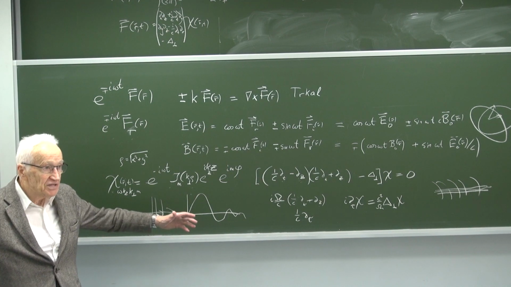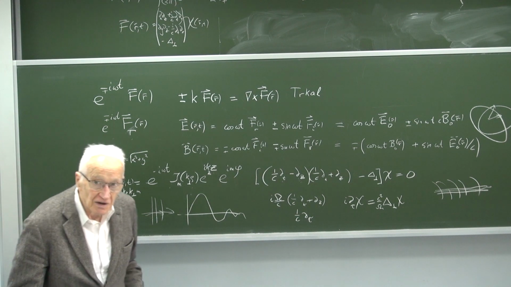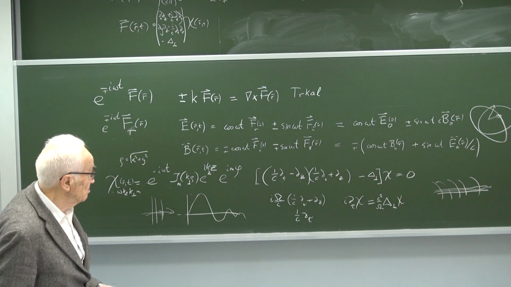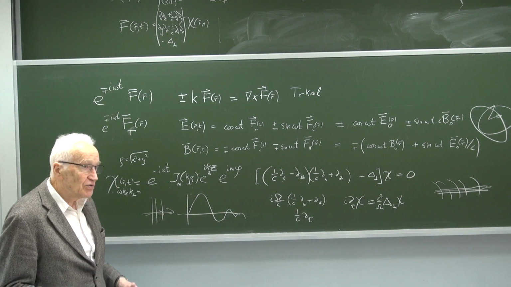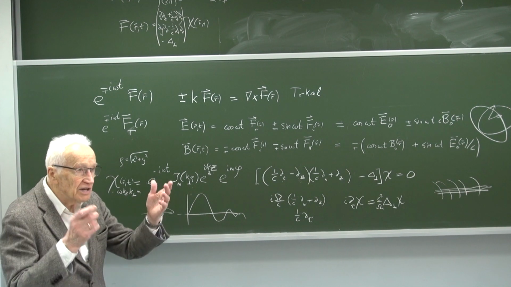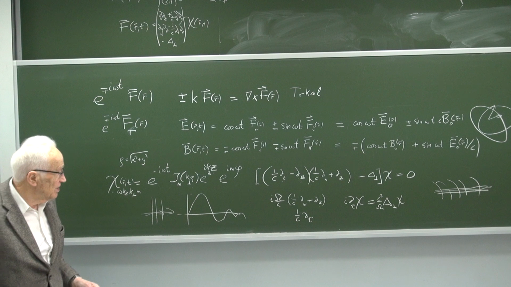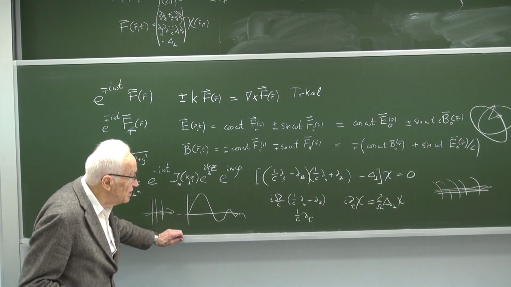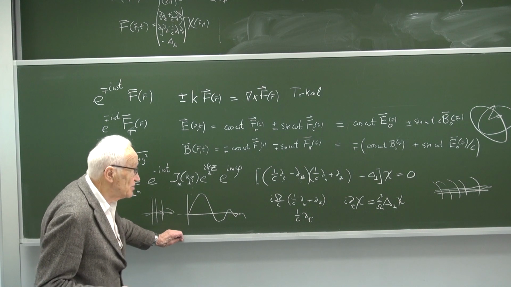Since the beam has infinite energy, it is not a physically realizable beam. When you cut it off so that it will carry finite energy, it will start dispersing at the edges. So there's no way to avoid dispersion, and there are two ways of doing it.